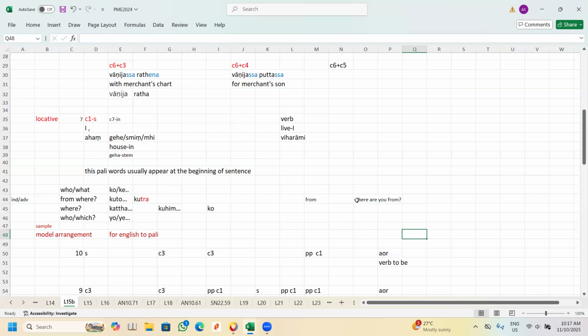Now that means you have to identify, okay, this one and this one, that means kuto. And then you are going to use the word you, which should be your subject.